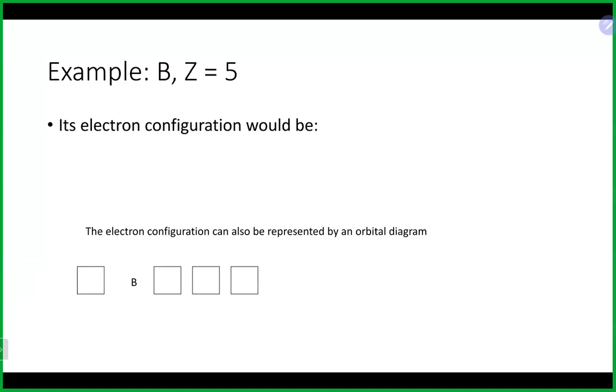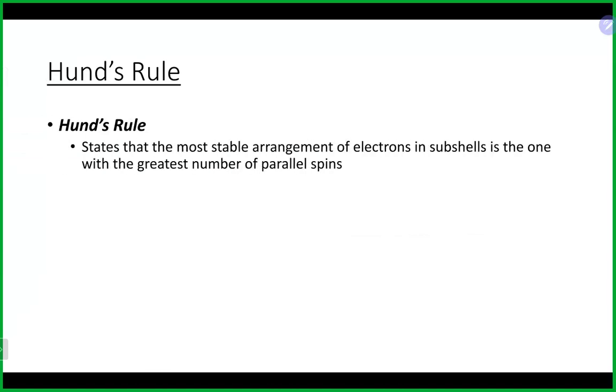And let's talk about another important rule. That rule is what is known as Hund's rule. And Hund's rule basically says that the most stable arrangement for electrons in a subshell is the one that creates the most parallel spins.